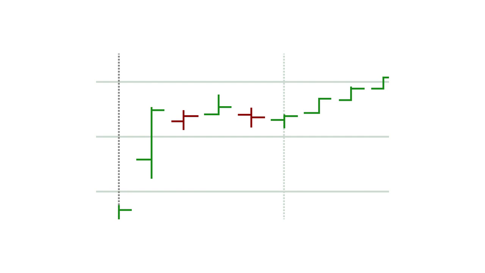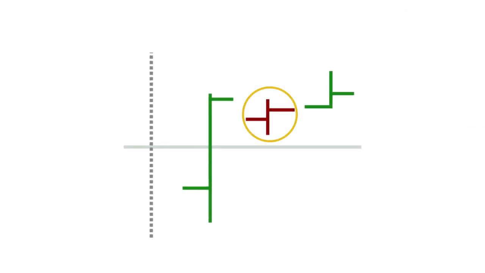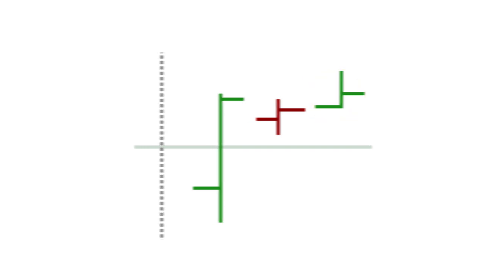To make this easier, OHLC charts are color-coded in Webroker. When the closing price is lower than the previous closing price, meaning the stock price went down, the bar is red. And when the closing price is higher than the previous closing price, meaning the stock price went up, the bar is green.